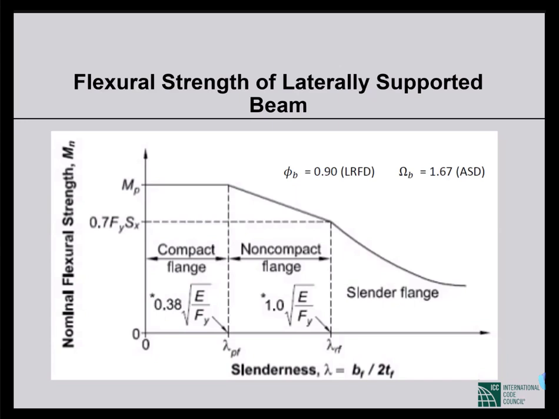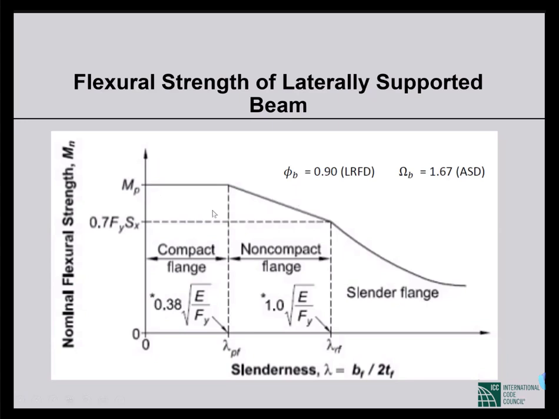In the compact flange, when the slenderness ratio is less than lambda p, we can expect almost the plastic limit state, that is Mp, plastic moment, where all the fibers will reach sigma y. So you'll have very high capacity. So we will have different formulas for three different stages.